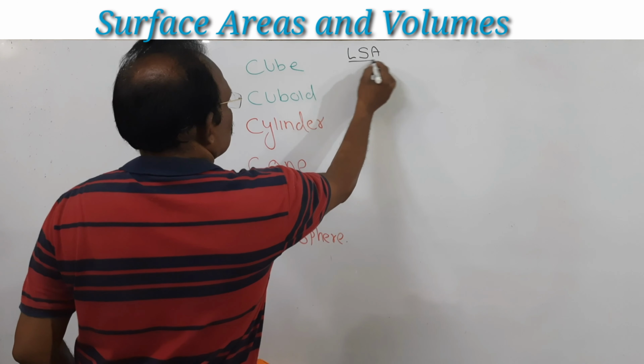And what you have in the book formula is: just take out the common 2 pi r, and what is left? h plus r. So this is the total surface area of a cylinder: 2 pi r in the bracket h plus r. So how did we get it? We have derived it here.